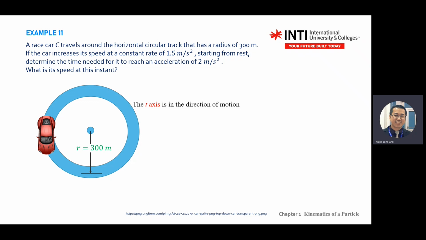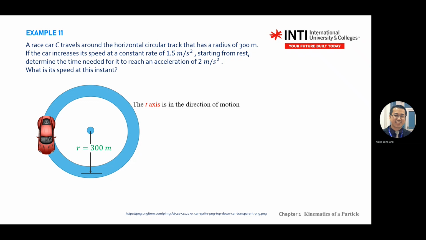You're given the R, which means you don't need to calculate the radius of the curve. The radius is 300, and the speed increases at a constant rate of 1.5 meters per second squared.